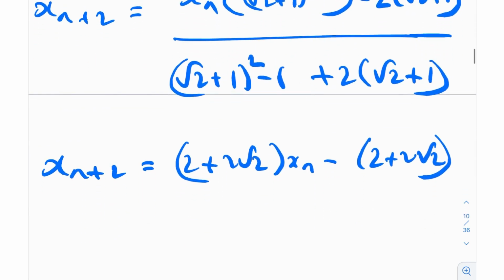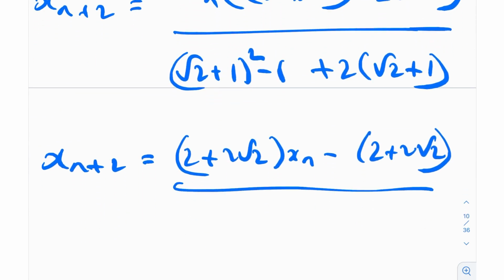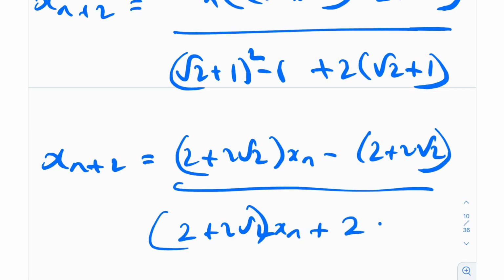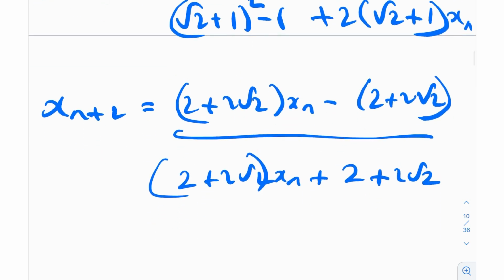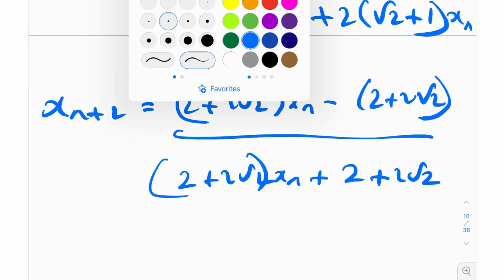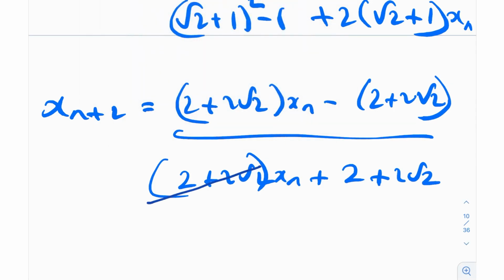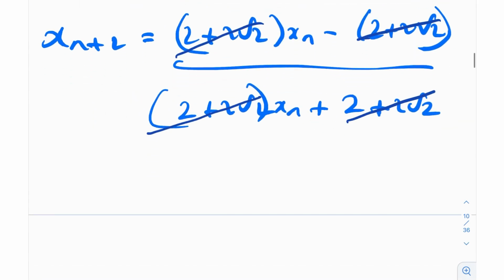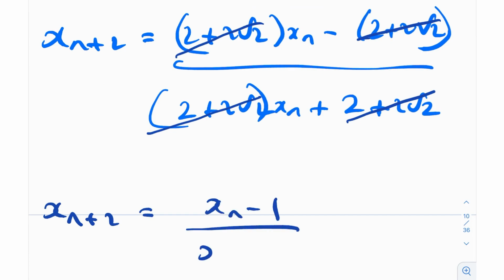And in the denominator again, I'd get pretty much the same thing: (2 plus 2 root 2) times xn plus (2 plus 2 root 2). And there should be an xn over here, I beg your pardon. Okay, great. So now we can just cancel the 2 plus 2 root 2s on all sides. That leaves us with xn plus 2 equal to xn minus 1 divided by xn plus 1.